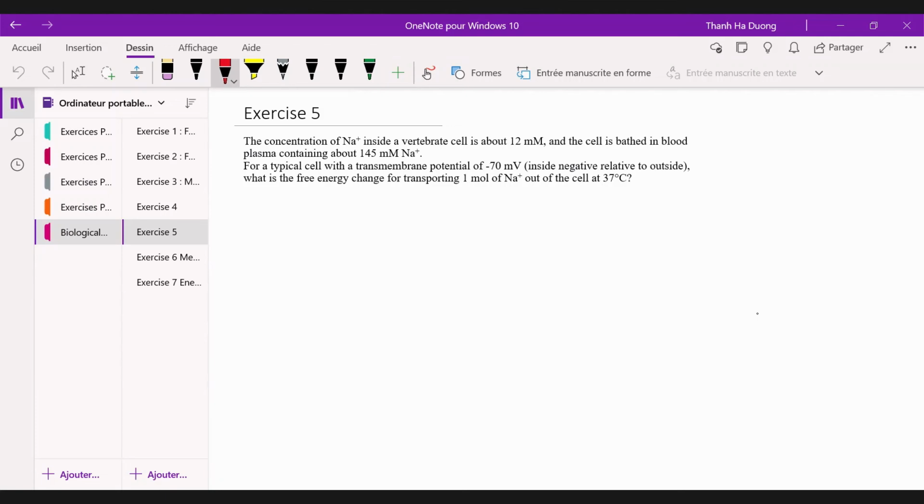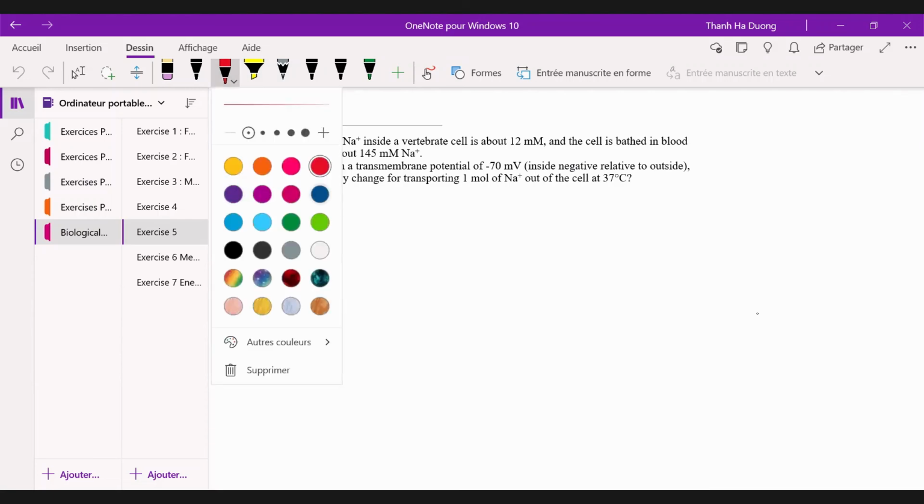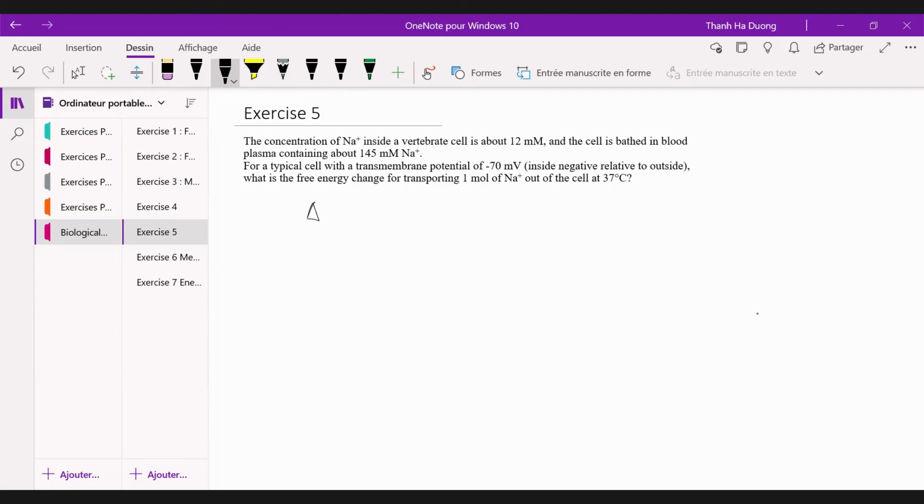So for that we need to use the formula of the free energy. I remind you, delta G from inside to outside is RT logarithm of the ratio between the concentration outside over the concentration inside, plus Z F times the potential outside minus the potential inside.